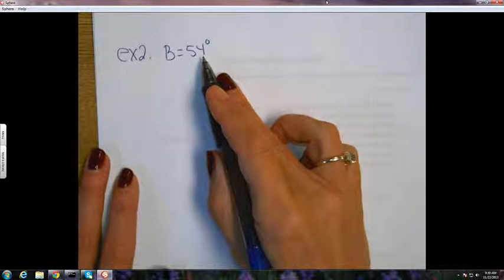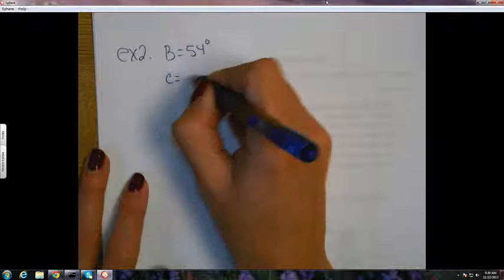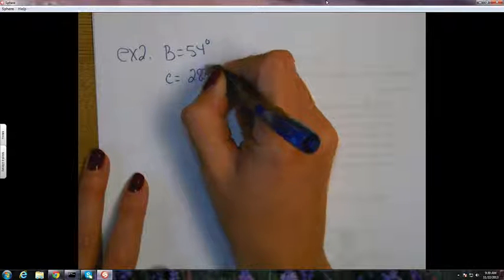Okay, number 2. Let's go. B equals 54 degrees. This is an acute angle. There were four different cases for the acute angle: it could be no triangle, a right triangle, a unique triangle, or two triangles. Little c is 28 inches.